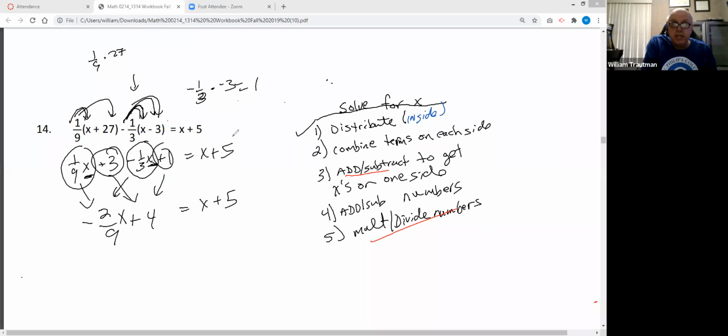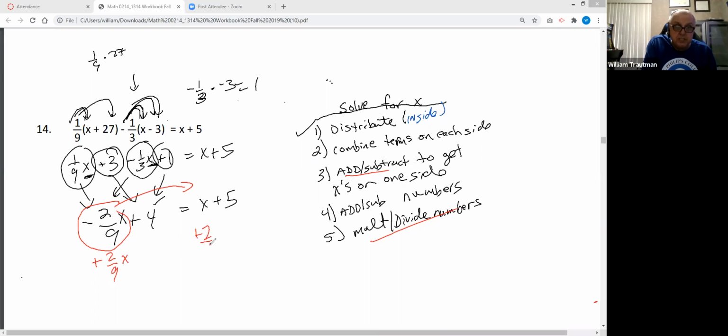We need to take the 4 over to the, oh wait, we got to get the x's on one side. I'm going to take this x to the other side. It's a negative 2/9, so I'm going to do the opposite, add 2/9 x.